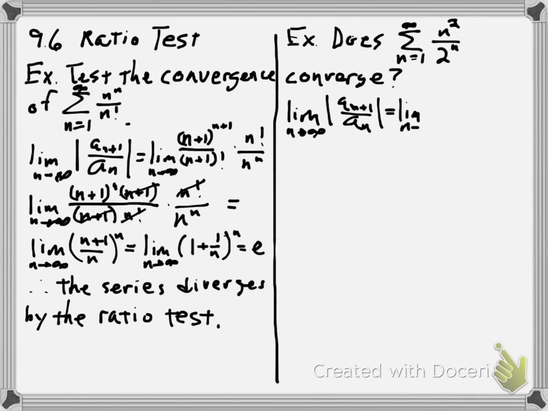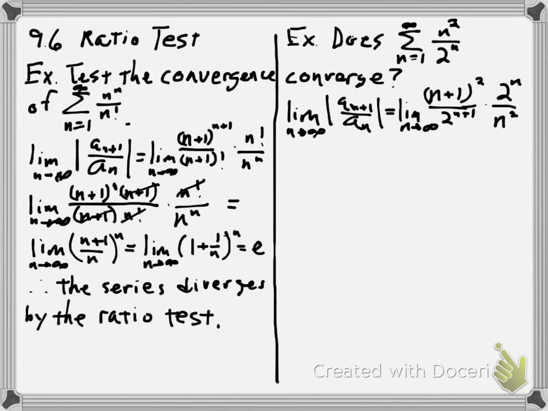The same thing we've done previously, absolute value is irrelevant here. Basically absolute value will usually just get rid of this minus 1 to the n or n plus 1. In this case, the n plus first term is n plus 1 quantity squared divided by 2 to the n plus 1. And then we want to multiply by the reciprocal of a sub n, which is 2 to the n divided by n squared. Okay?